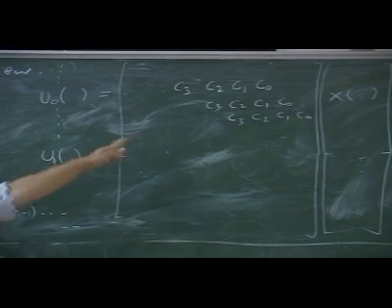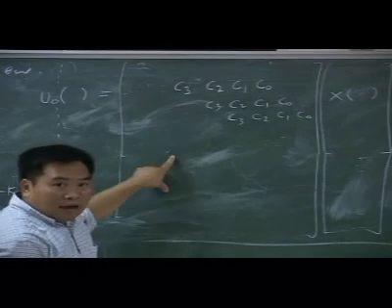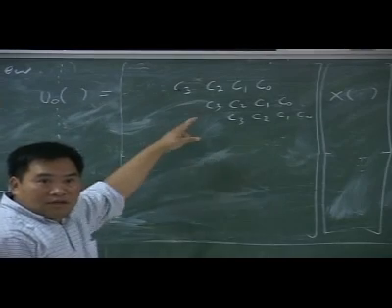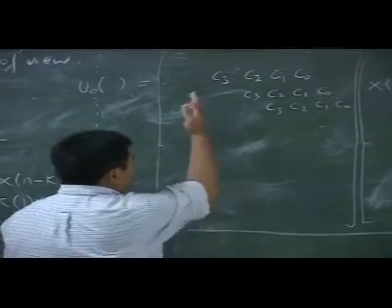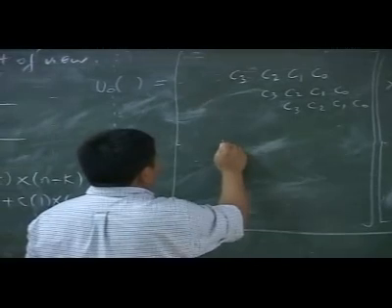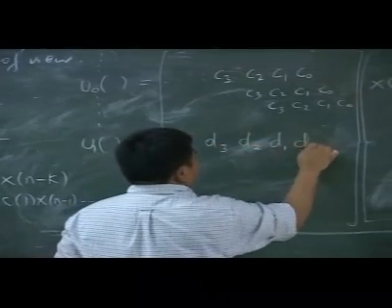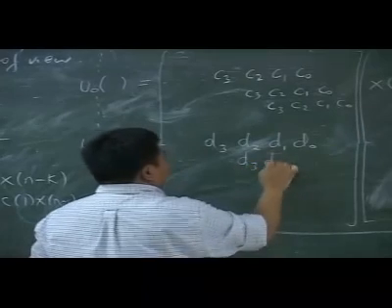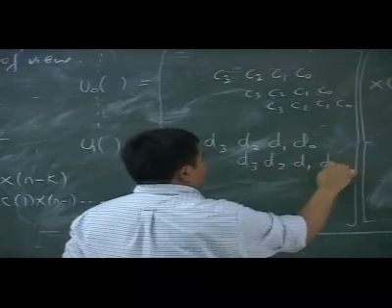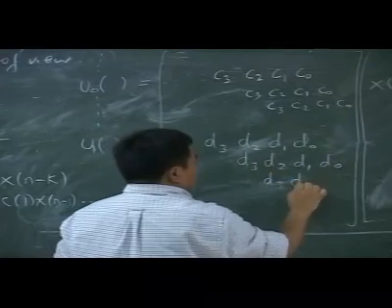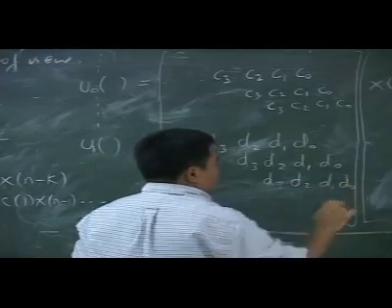So exactly the same format we have here, copied down, only changing from C to D. Line by line, we copy exactly the same thing: D3, 2, 1, and so on.